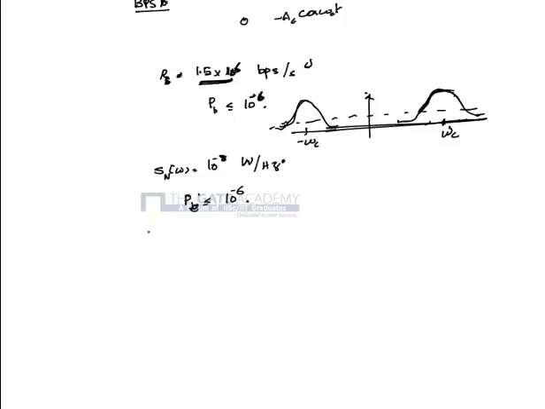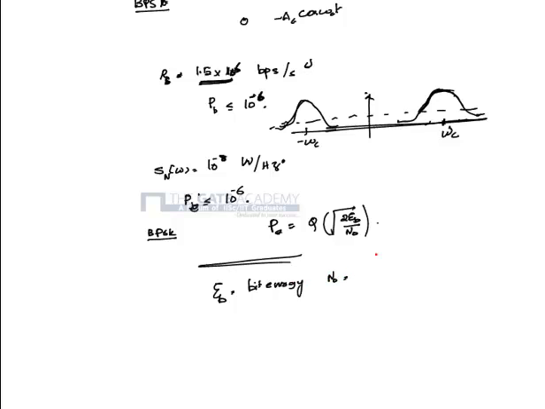Now we know that for a BPSK modulation scheme, the probability of error is given by Q of root of 2 EB by N0, where EB is the bit energy and N0 is the noise spectral density whose units, as described above, are watts per hertz.